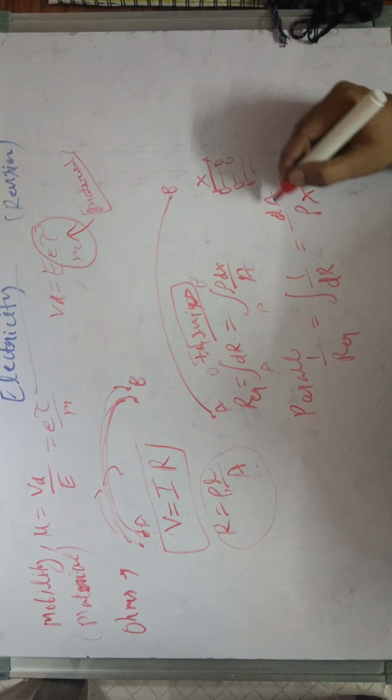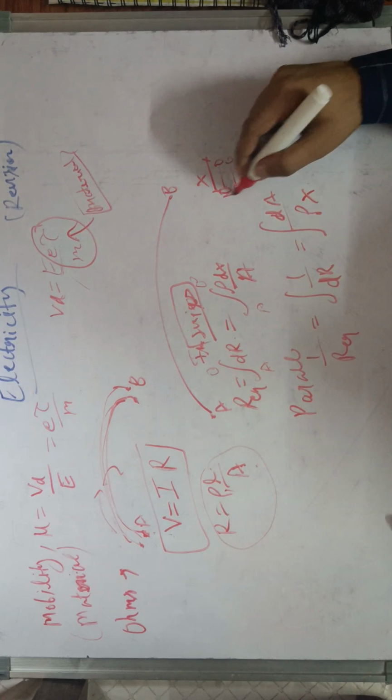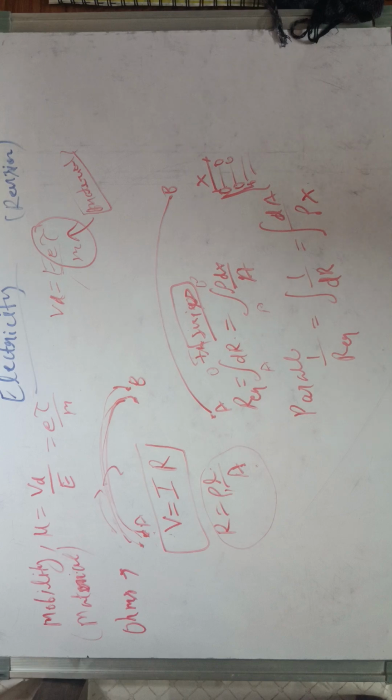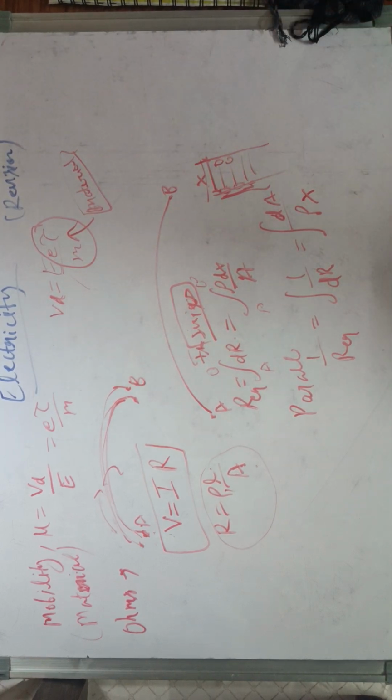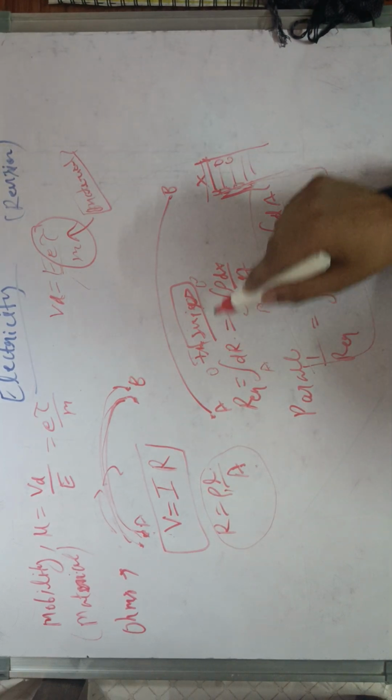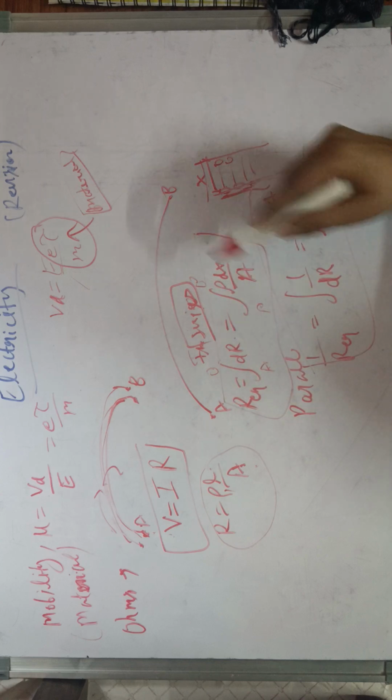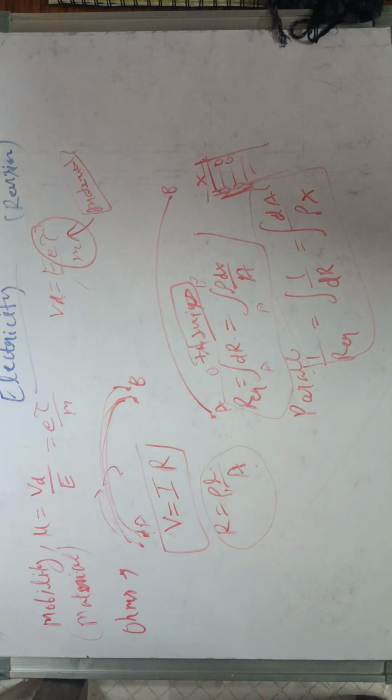Now we will take the integration along the area, and the length is taken constant. So this is how we will calculate the resistance in case of parallel, and this is how we will calculate the resistance in case of series.